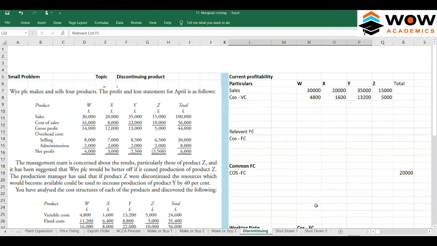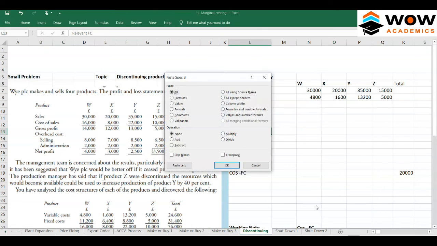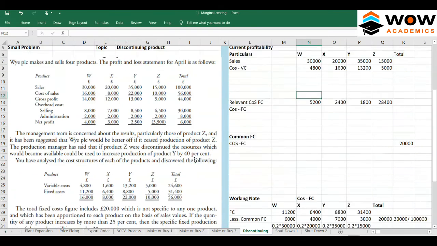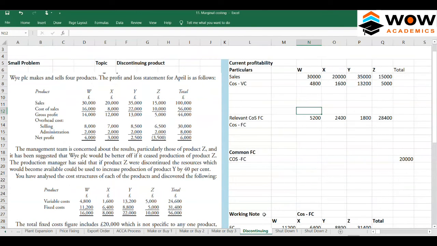Take this number and we'll put it here. So this is the product specific fixed cost, and there is a common fixed cost of 20,000. We had to split that, that's why it is taking such a long time. This is working note number 1, and we have to mention where we got it from.